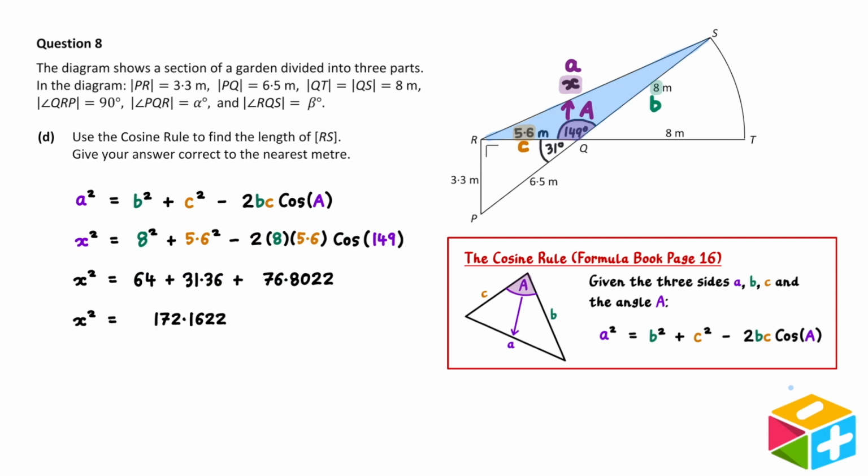Adding up the numbers on the right-hand side gives us x squared is equal to 172.1622. To find the value of x, we'll need to get rid of this square. The inverse of a square is a square root, so here we should square root both sides of our equation.